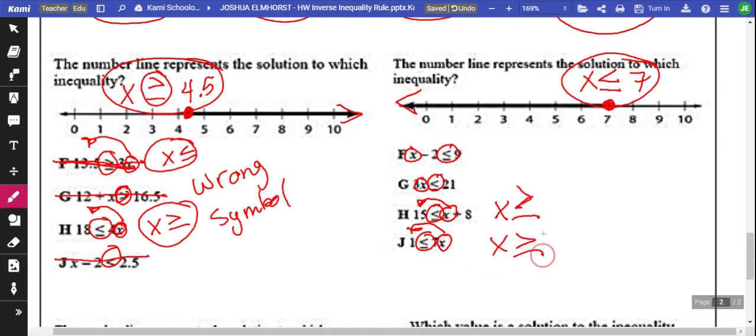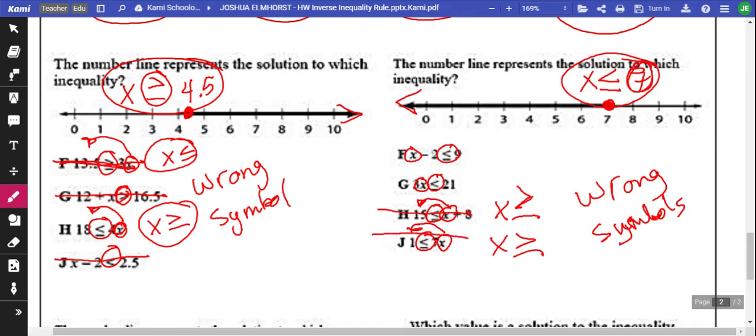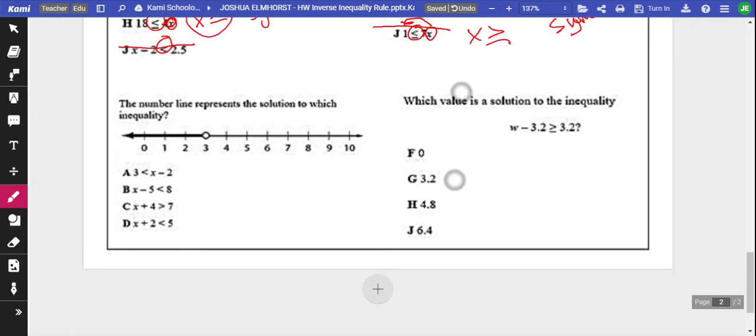This also says x is greater than. These are the wrong symbols. Okay, so now we put in 7. 7 minus 2 is not 9. And then 3 times 7 does equal 21. So this, if we solve it, 7 does not work for f.